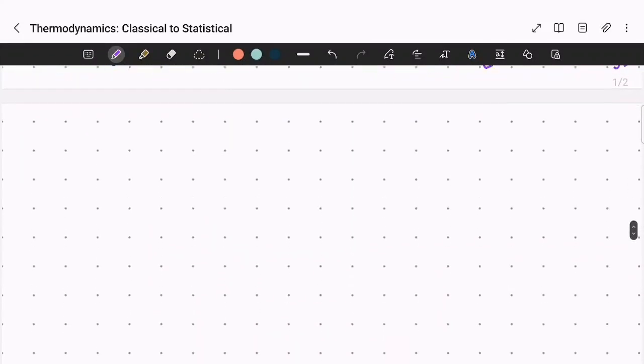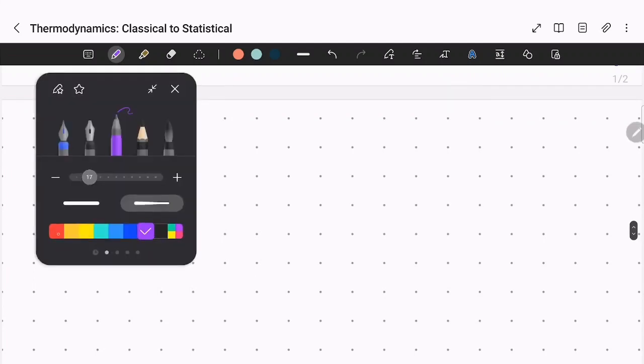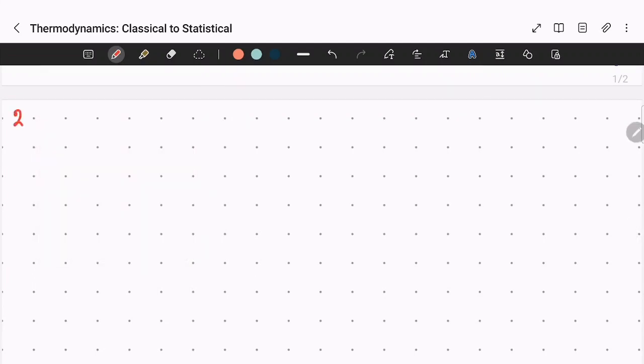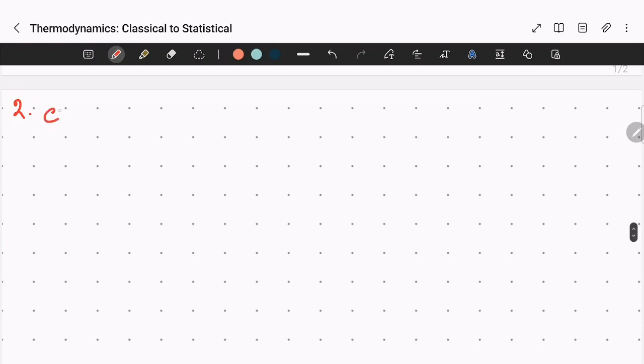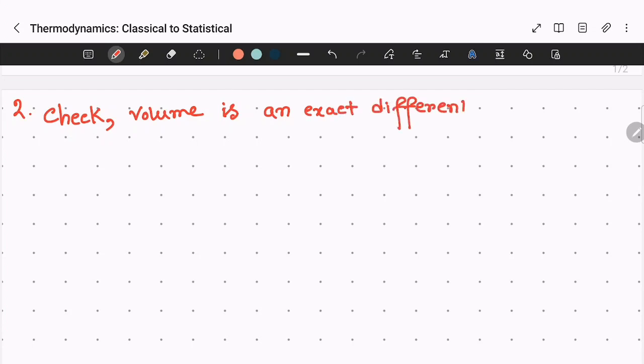So let us move to the second question. First I write down the question, then check volume is an exact differential or not for ideal gas.